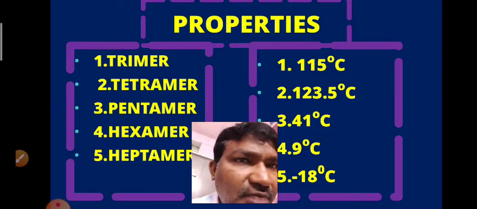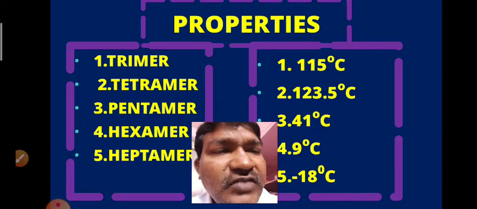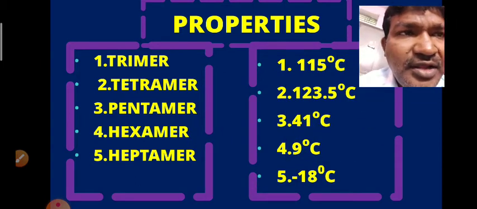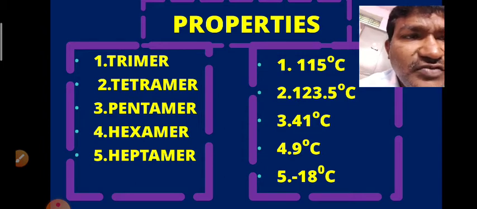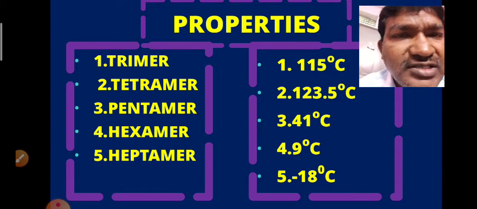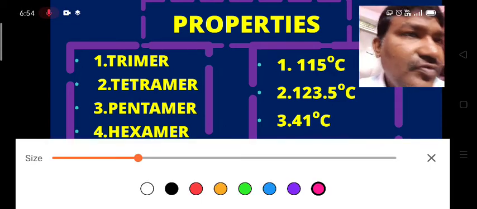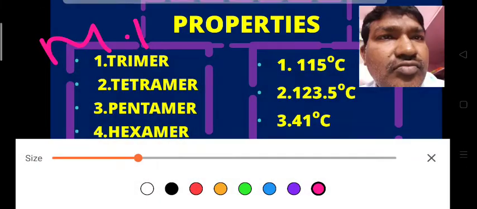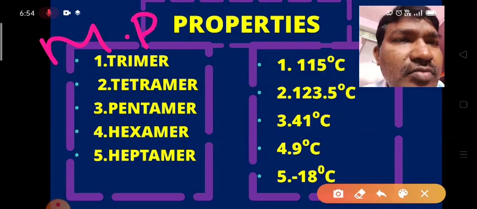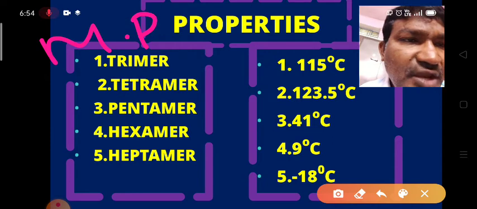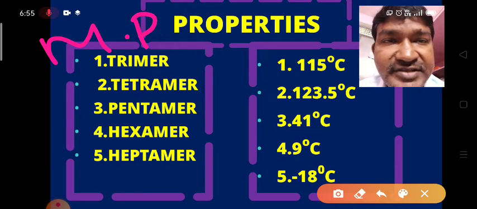Now we go for the properties. First of all we discuss the physical properties. The melting point of the trimer is 150 degrees centigrade, and the melting point of the tetramer is 120 degrees centigrade. The pentamer is 41 degrees centigrade, the hexamer melting point is 9 degrees, and the heptamer melting point is minus 18 degrees centigrade.